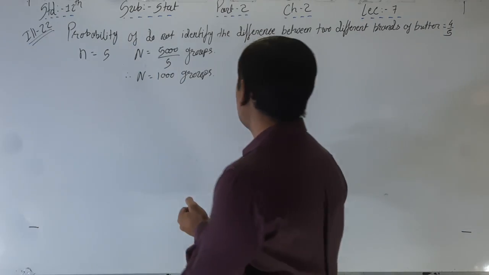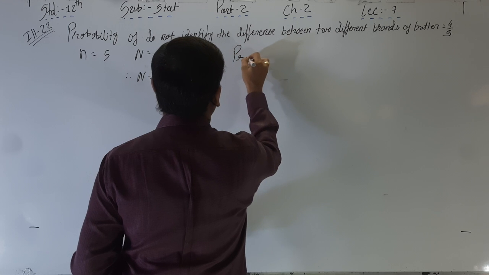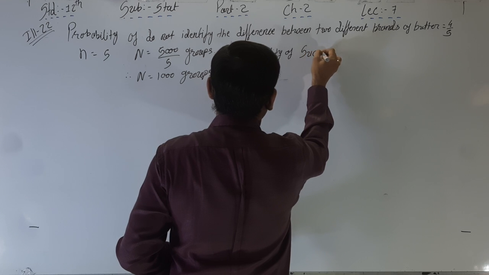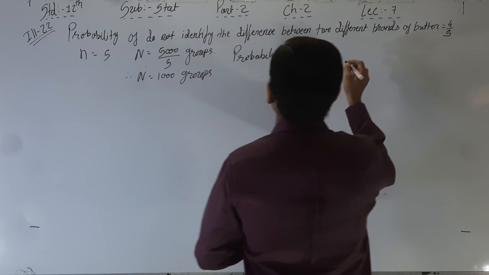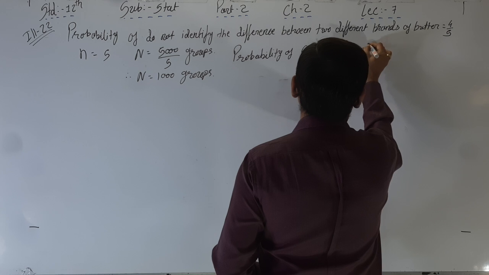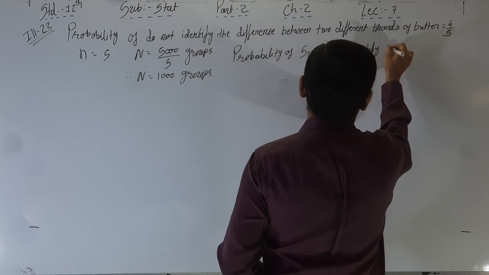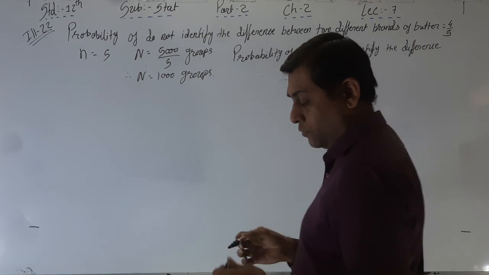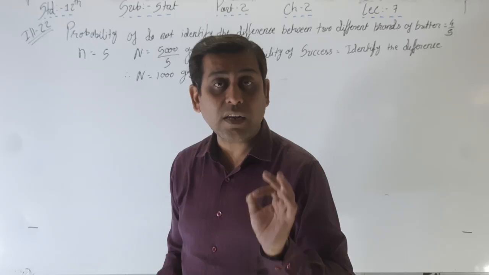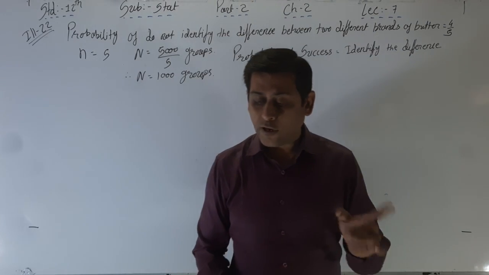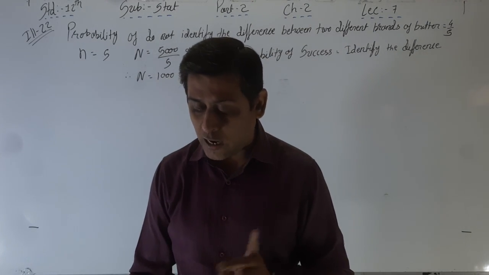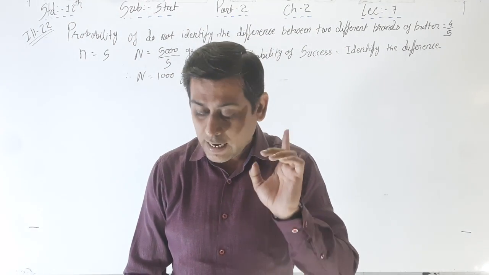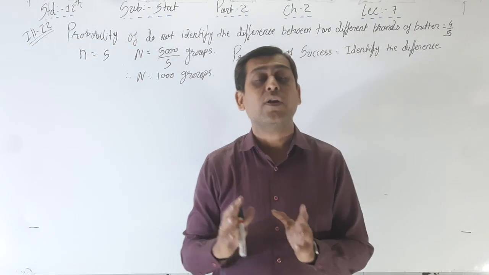So here I am writing that point. First of all, probability of success is equal to identify the difference. Why? Because in the last line of the question, first point, at the most one housewife, second point, only two housewives can identify, underline that particular word, can identify the difference between two different brands of the butter.